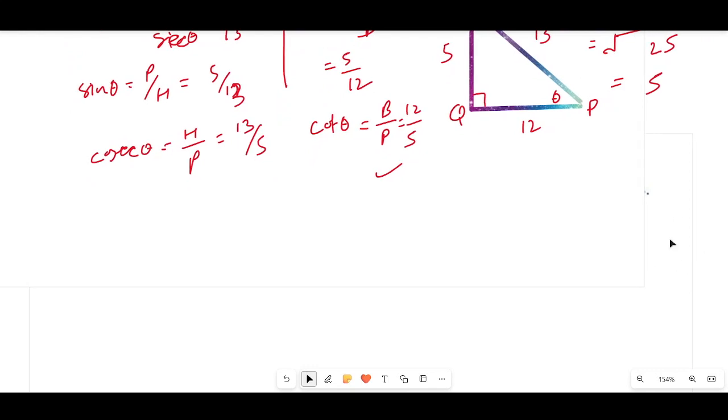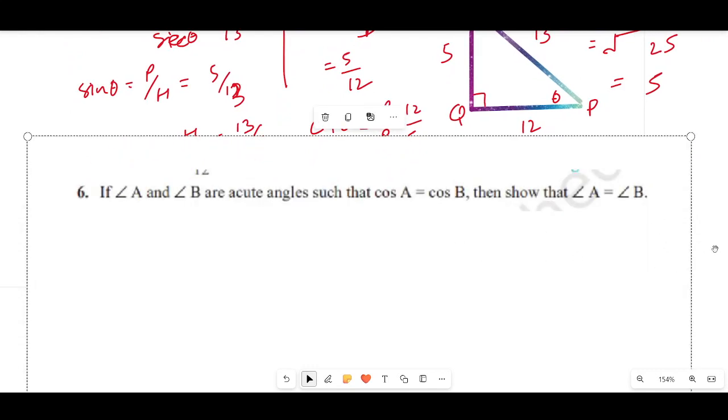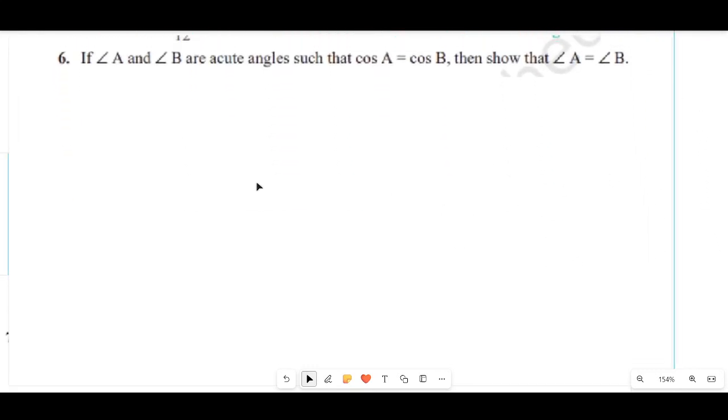This is question number 6. Now, what is question number 6? If angle A and angle B are acute angles, such that cos A equals cos B, then angle A equals angle B. First we should draw a triangle.